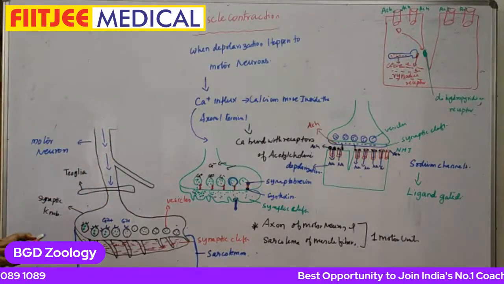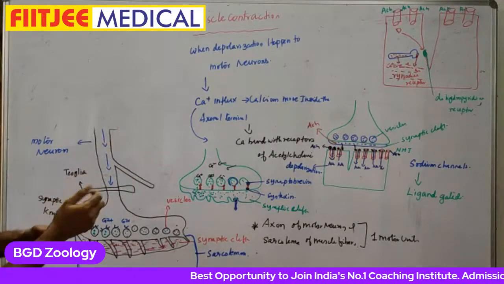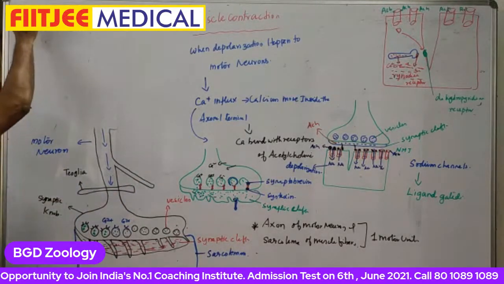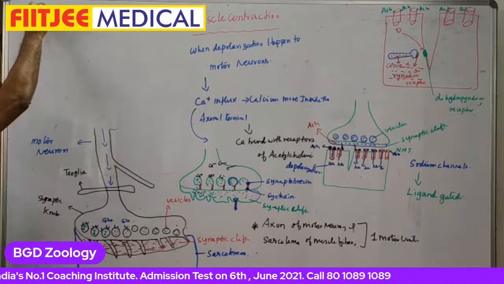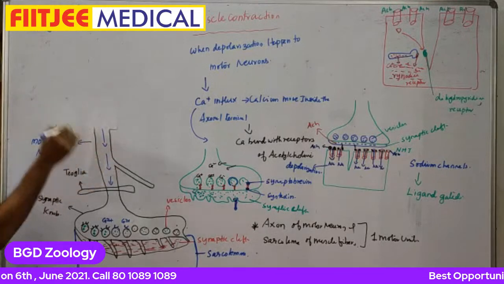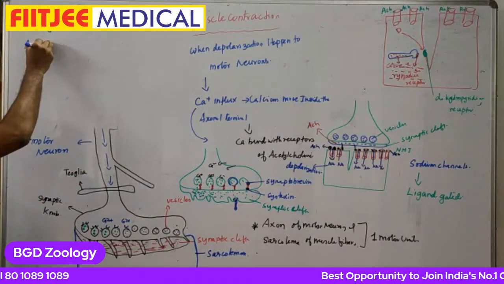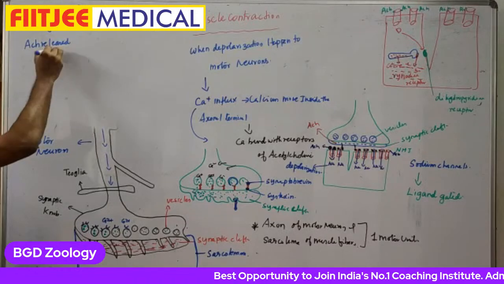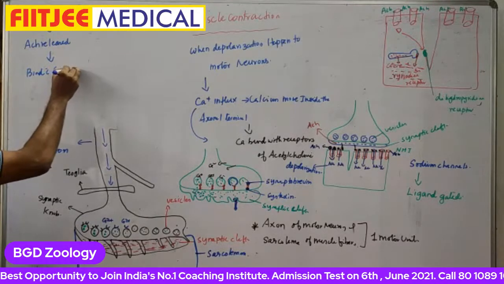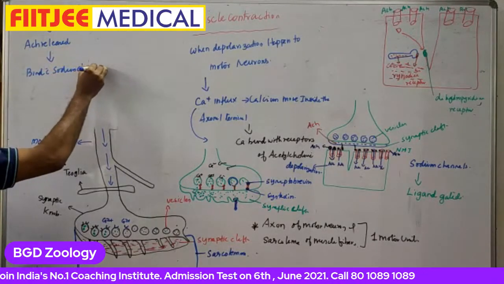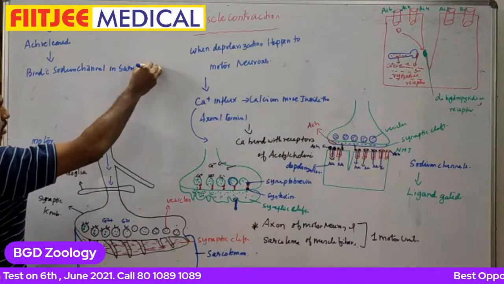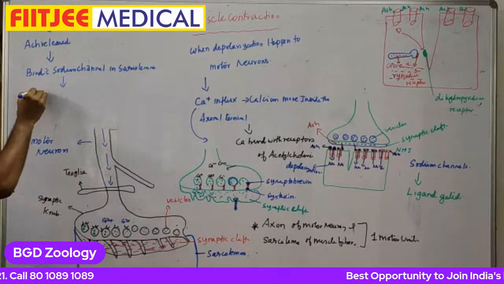Right. So listen, everyone. First, what happened? From the motor neuron, acetylcholine released, binds with sodium channels in the sarcolemma. After that, what happened? Depolarization.